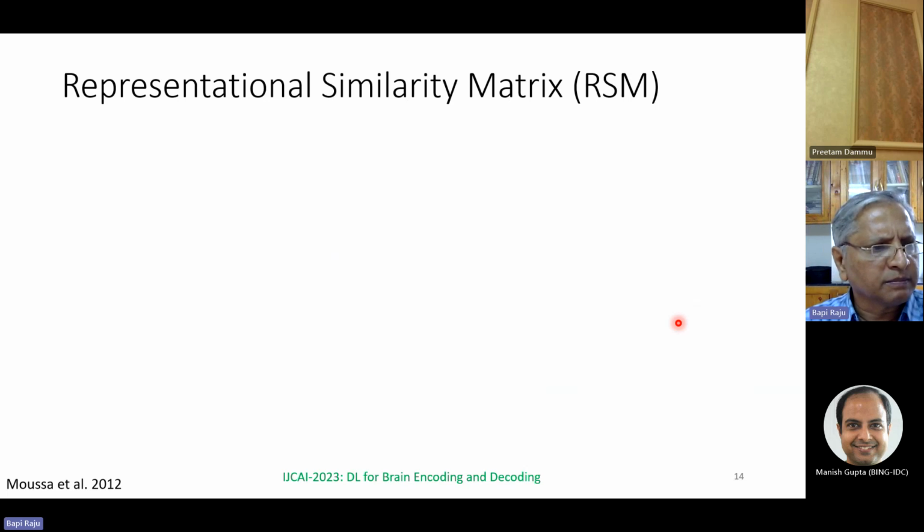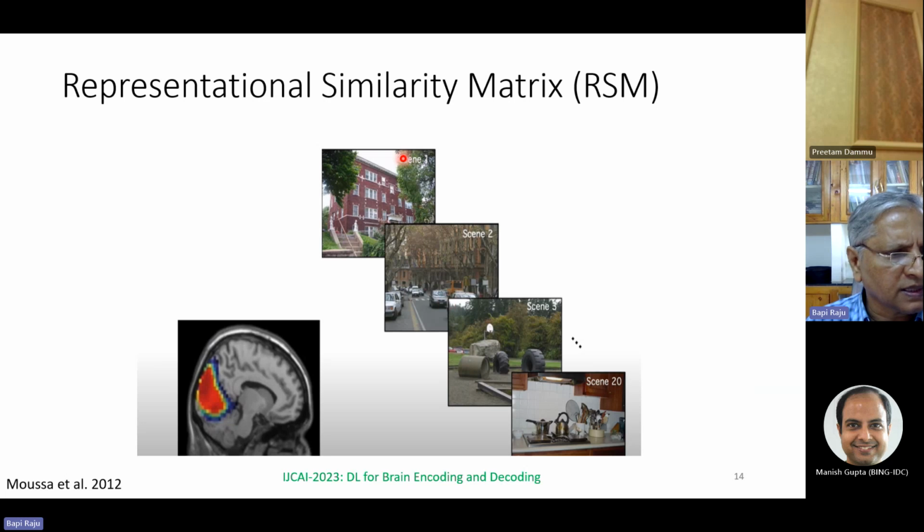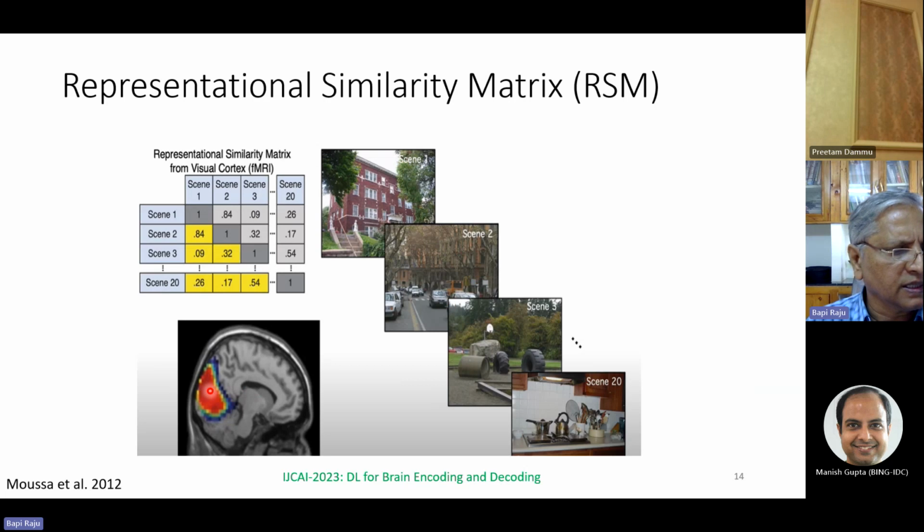The other metric that is sometimes used is called the representational similarity matrix, and the concept is like this. Suppose the person is experiencing different scenes, scene 1 to scene 20, and the brain activation is recorded. This is the representational similarity from the visual cortex of the participant: the brain activation corresponding to scene 1, how well it is correlated with brain activations for the other scenes.